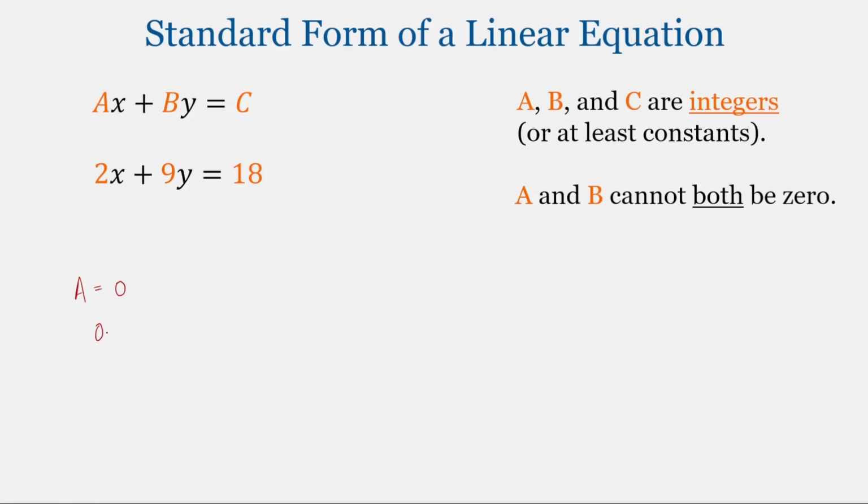That'll give us 0 times x plus 9y equal to 18. Well, 0 times anything is 0, so that's going to go away. Now we have 9y equal to 18. We can rewrite this as y equal to 2. And this is a line. This is a horizontal line.